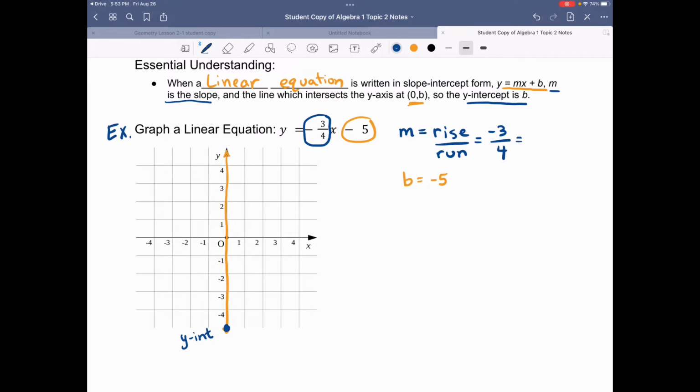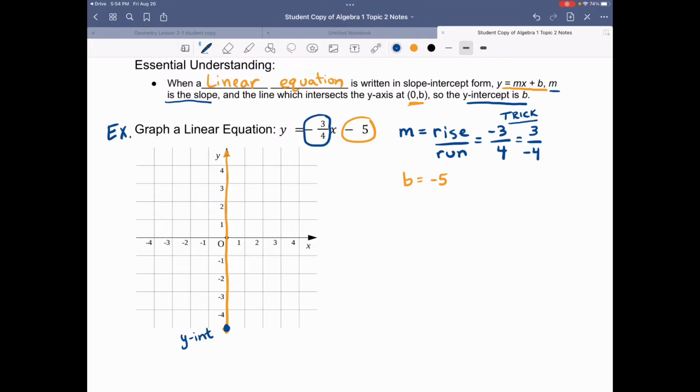If the rise is -3 and the run is +4, then the rise could also be +3 and the run could be -4. Because as long as we simplify this out and it's -3/4, it doesn't matter which one we do as a negative, as long as just one of them is negative. So this is just a little trick that makes it easier to graph.